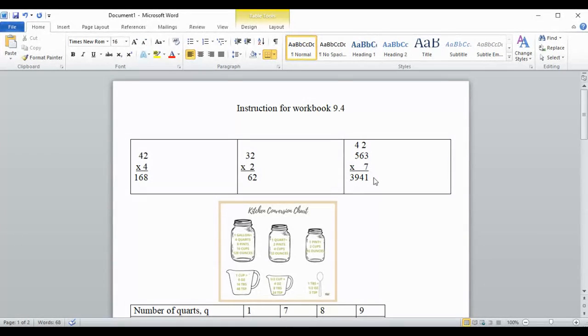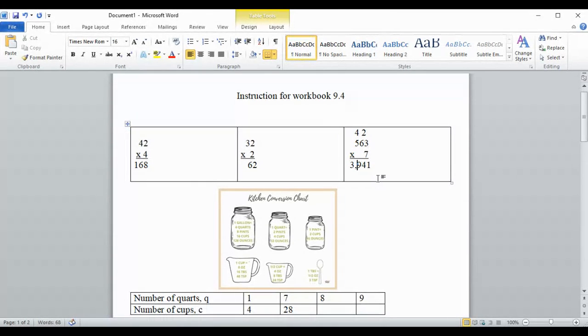So 3,941. The very last thing I do is add my comma. And remember, when you're adding commas, you start at the ones place and go over 3 places before you add your comma. You always start on the far right side of the number when adding commas.